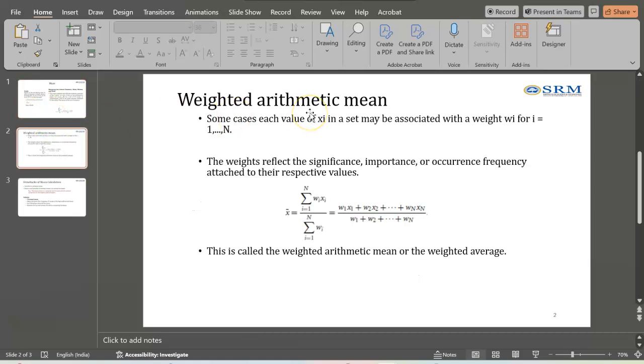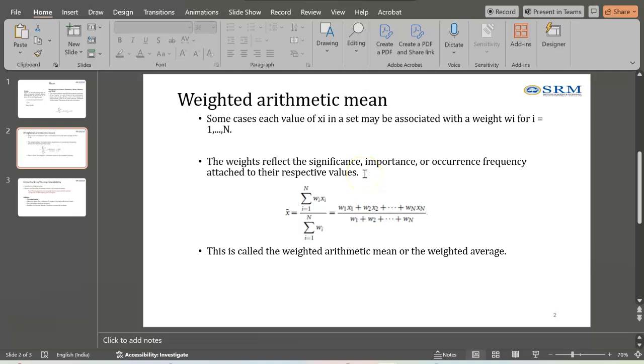Now the weighted arithmetic mean. Each data point xi, where i goes from 1 to n, can be associated with a weight wi, if the weight reflects the significance, importance or occurrence frequency attached to the respective values.